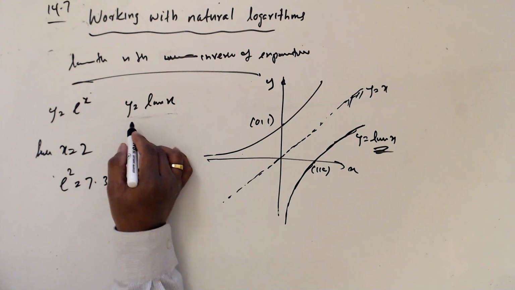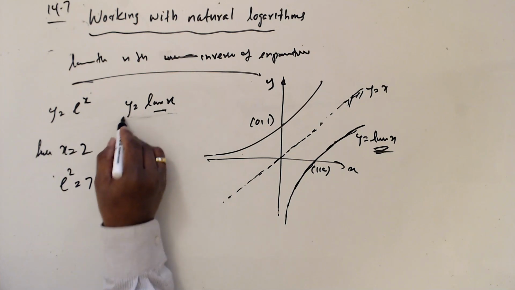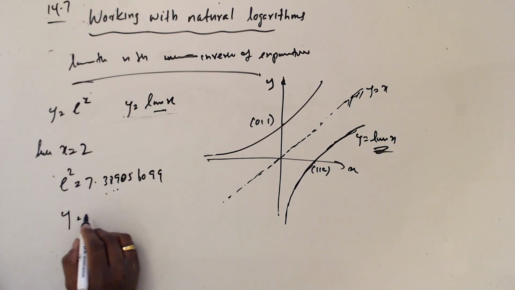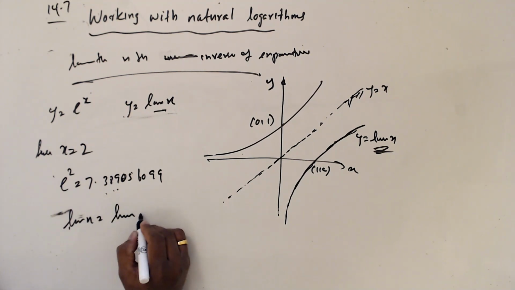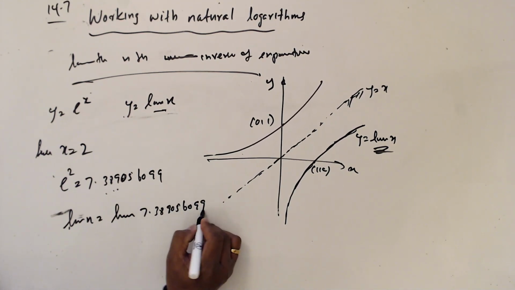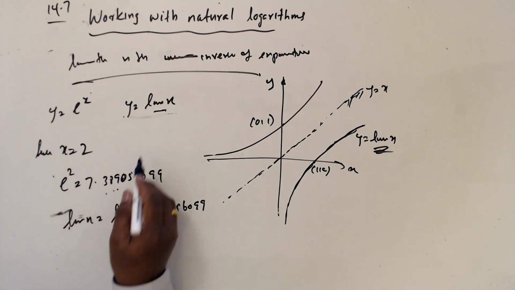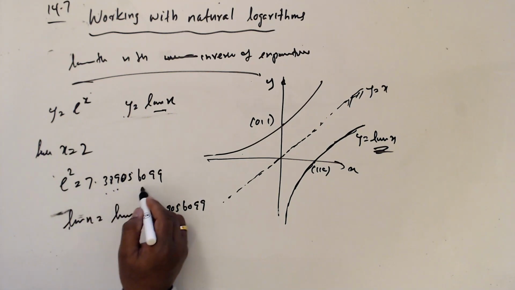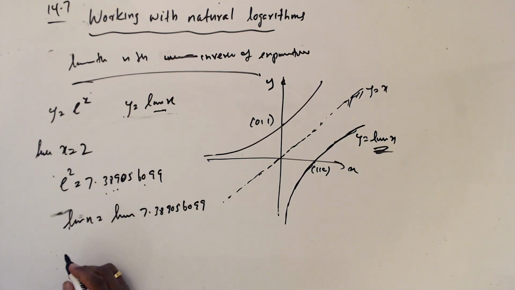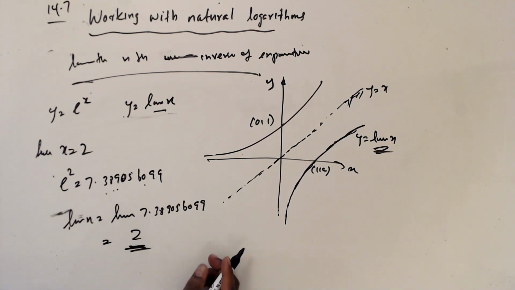Now I will put this value into ln x, then I should get 2 back. Check with the calculator: type ln and this number, and you will get 2 back. Do this experiment and see.